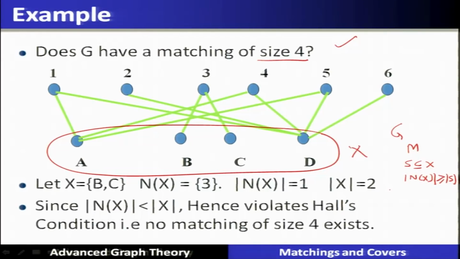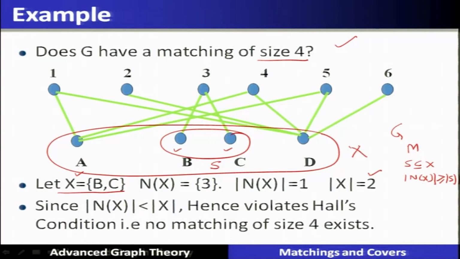We need to find a subset in X where this condition is violated, to show that there does not exist a matching of size 4. Let us assume that these two vertices B and C form an S. So, the size of S becomes 2, because there are two elements B and C.